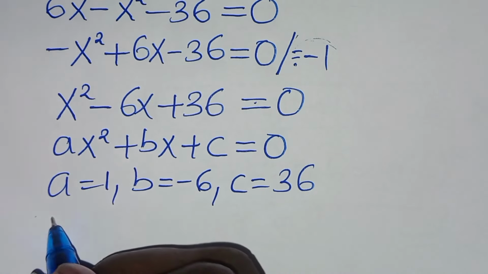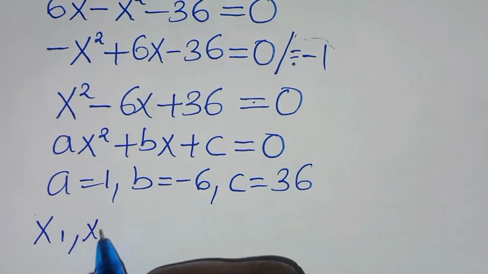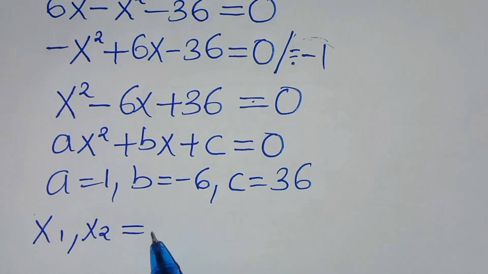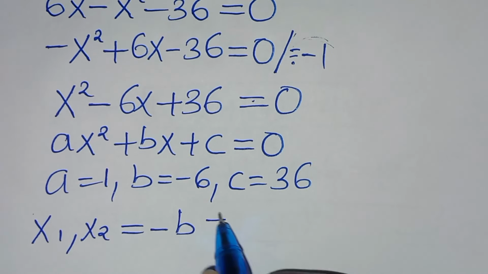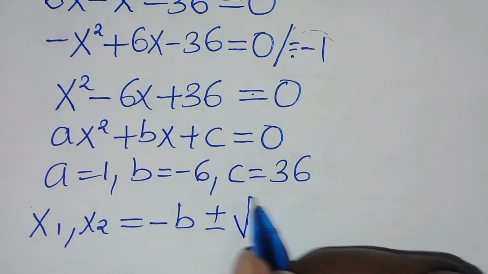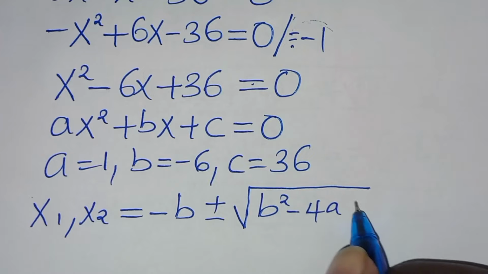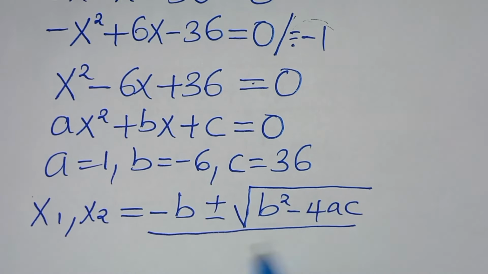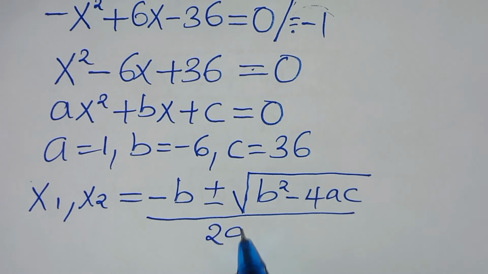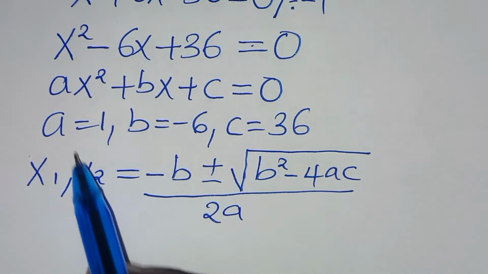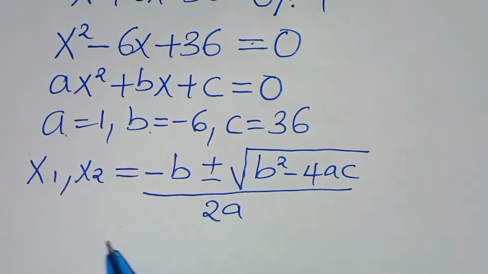So to solve for x1, x2, let's apply the quadratic formula, which is minus b plus or minus the square root of b squared minus 4 times a times c, everything over 2 times a. Let's substitute a, b, and c from here.